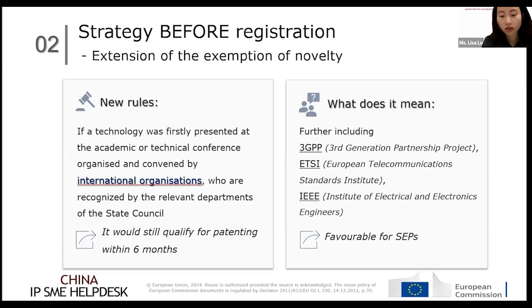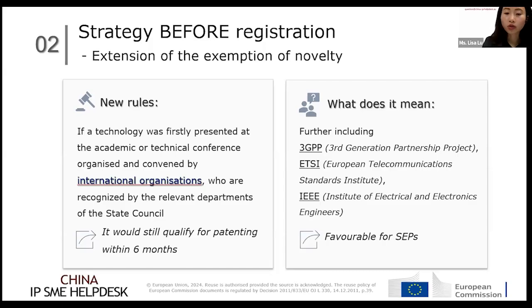As you know, SEPs are patents protecting inventions that are necessary to implement a particular technology standard.